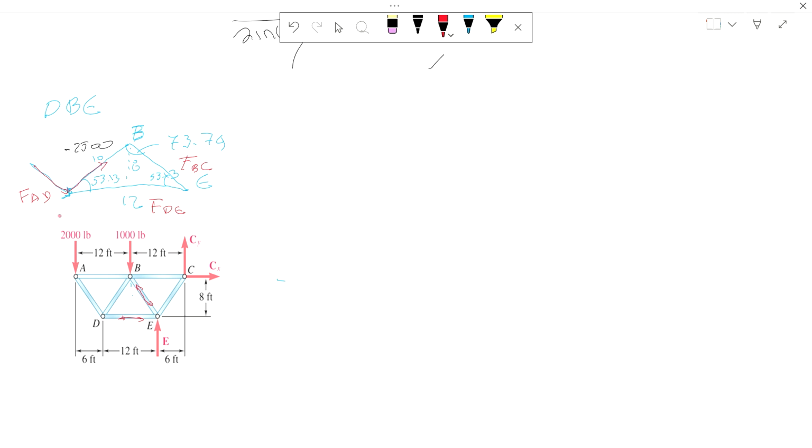Actually, D to B we already have. We need to find this force. Okay, so let's focus on that one first. Let's try to find that force, the force from D to E.